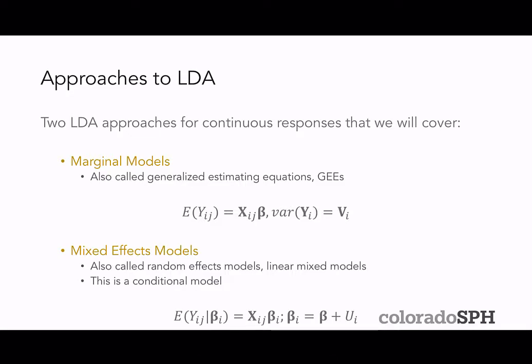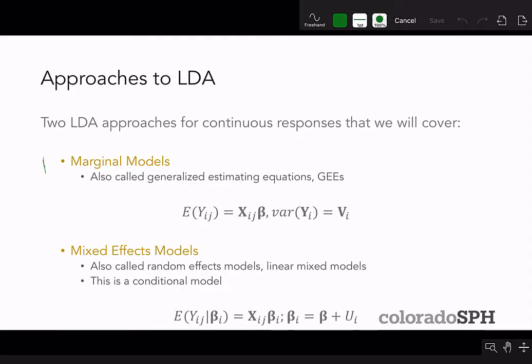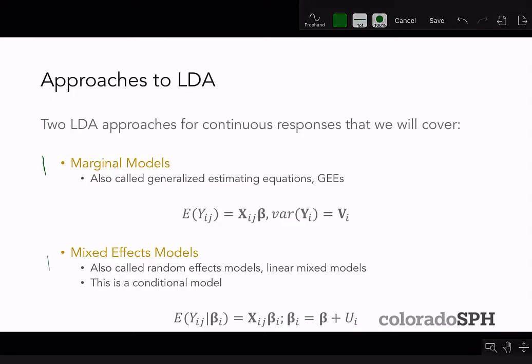So there are two different types of models for longitudinal data that we're going to cover extensively in this course. The first is linear mixed effects models. There are a lot of different names for these. They're also called linear mixed models or random effects models. Sometimes they're called multi-level models.